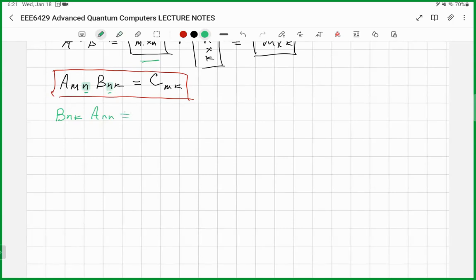In general, it's not correct, because here your first index and the second are in the wrong places. Your matrix product always goes second index by first index, second by first.